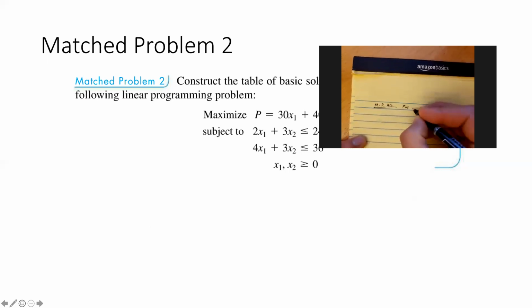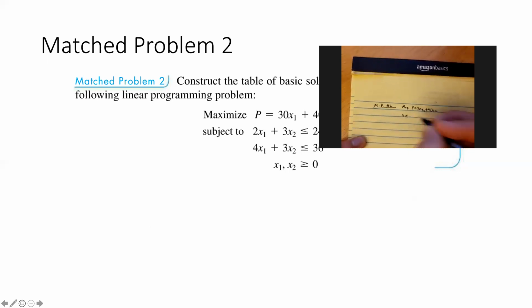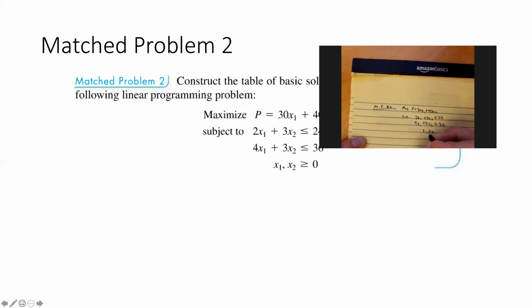We have the max of the profit of 30x1 plus 40x2, subject to 2x1 plus 3x2 is less than or equal to 24, and 4x1 plus 3x2 is less than or equal to 36, and we have x1 and x2 are greater than or equal to 0, non-negativity constraint.